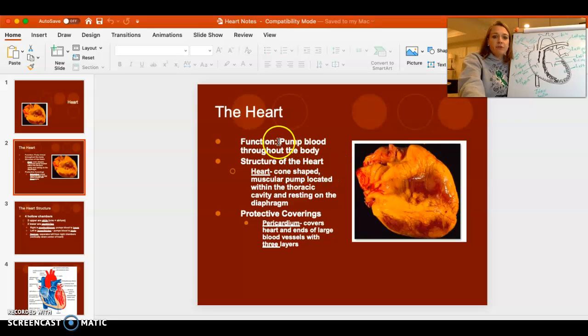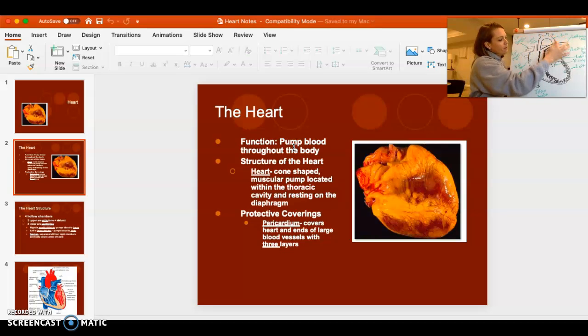So again, guys, the function of the heart is to pump blood throughout the body, okay? So it basically brings in deoxygenated blood to the heart, and then the heart pumps that to our lungs, and then our lungs bring back oxygenated blood to the left side of our heart, and then our heart pumps that out through the aorta and the subclavian, which is over here, but I didn't put that on here.